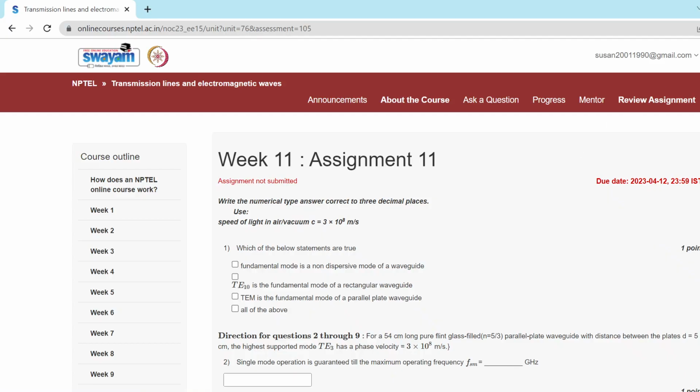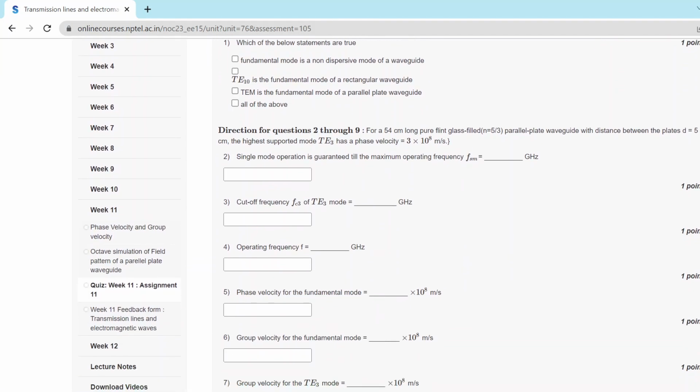Now coming to the next question in this row. For a 54 centimeter long pure flint glass filled, n is equal to 5 by 3, which is the refractive index of the flint glass. It is a question on a parallel plate waveguide.